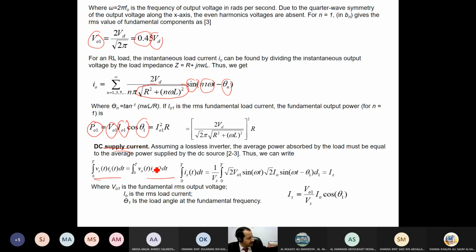I can substitute and simplify, because I have output voltage, as I showed there, which is a sinusoidal voltage, and sinusoidal current. Then I do the integration. I will find that the DC current will be constant, because VO1, VS, IO, theta are all constants.